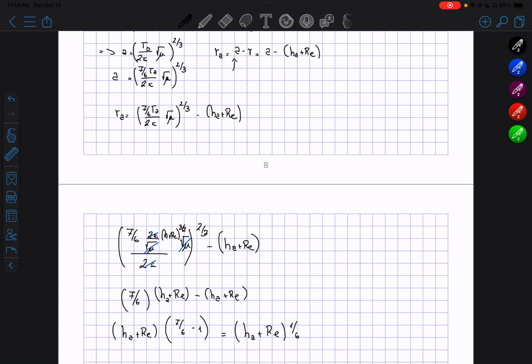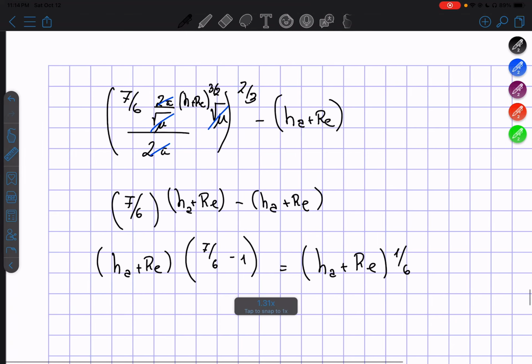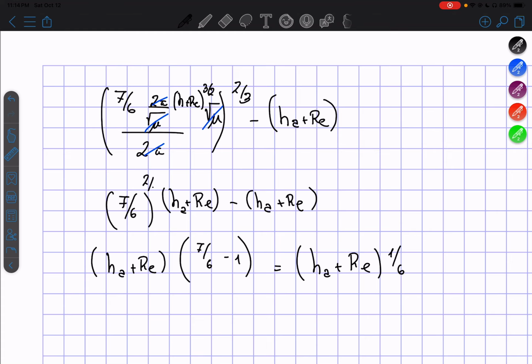I could have not simplified anything. It probably would have been the smartest choice. Oh, that's fine, because the 2/3, I forgot, it still applies to my 7/6. There we go.